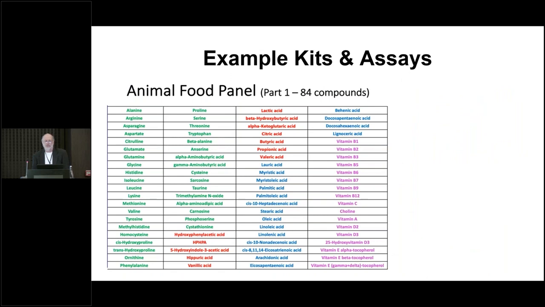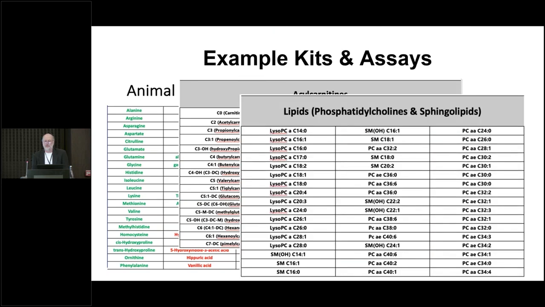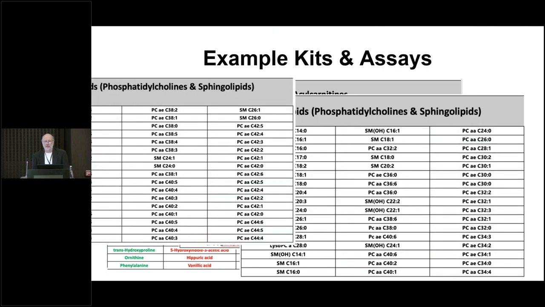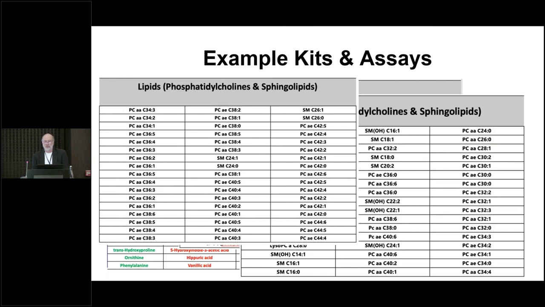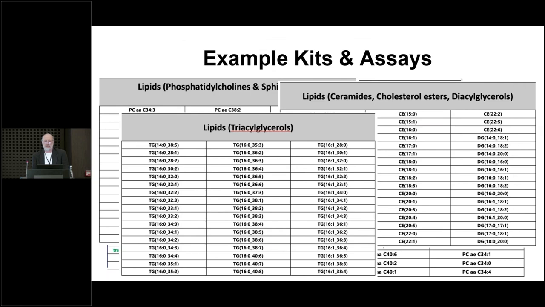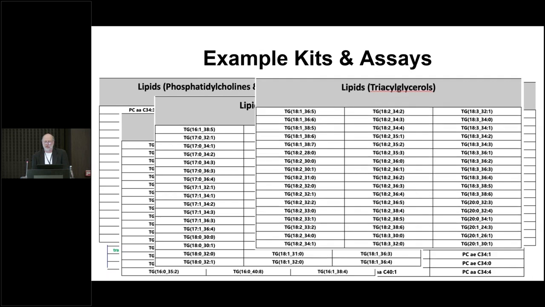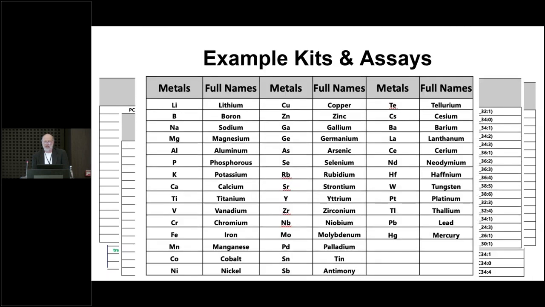This is an example of one where we're looking at animal foods. You can see lists of the amino acids and some of the organic acids, the fatty acids, the vitamins. But then there's also a variety of acyl carnitines that we'll measure, a variety of lipids and lysophosphatidylcholines, more sphingolipids, ceramides, cholesterol esters, diacylglycerols, triacylglycerols, more and more, and then the metals.